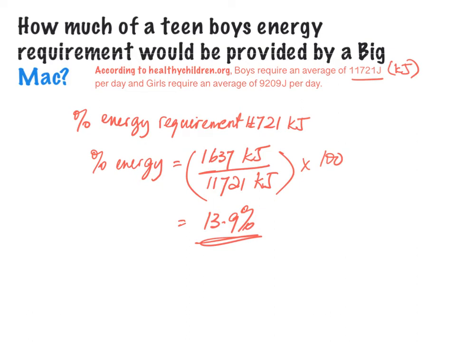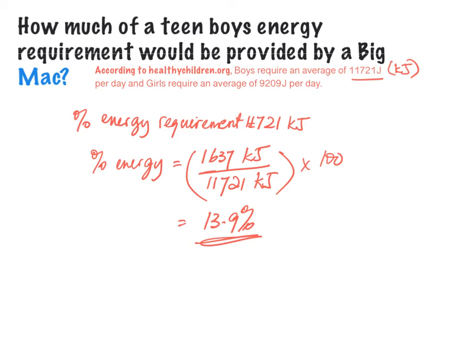So if you have a hamburger, you are taking in almost 14% of your daily requirement of energy. That's just because your body needs energy to maintain itself, to repair itself, and to grow new cells. So growth as well. Right, so we've got about 13.9.